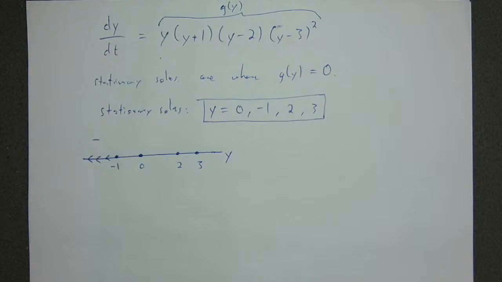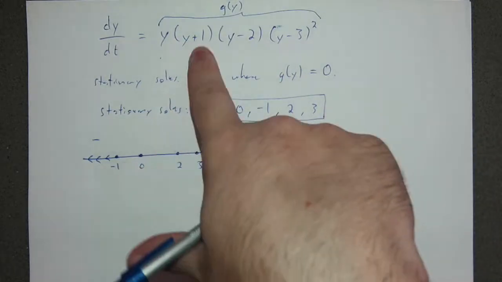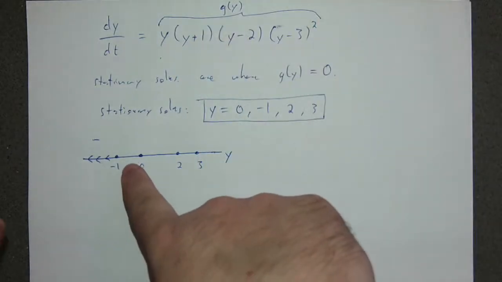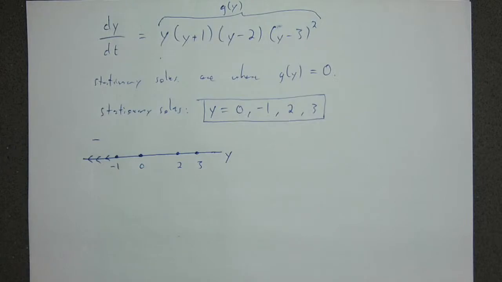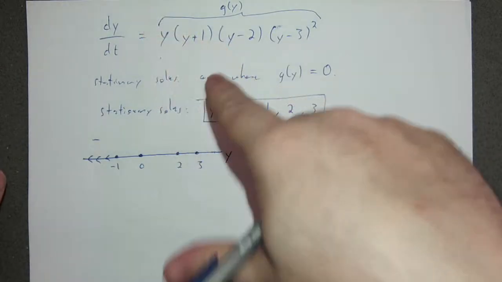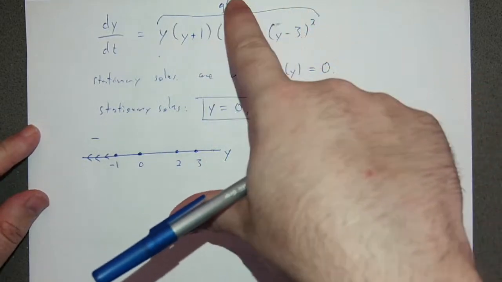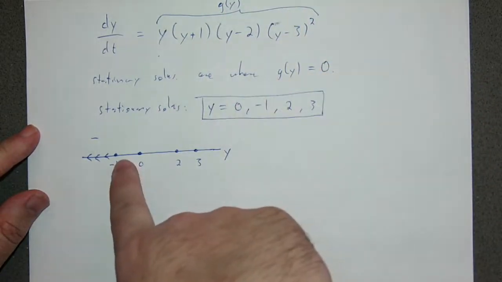Okay. In between minus 1 and 0, I do the same kind of sign analysis. So I say, okay, between minus 1 and 0, what's the sign of y? Well, it's negative, right? Between minus 1 and 0, what's the sign of y plus 1? Well, that's positive now. You're thinking of values like minus 1/2, for instance. Minus 1/2 plus 1 is positive, so I would have minus times a positive times y minus 2, that's going to be negative.